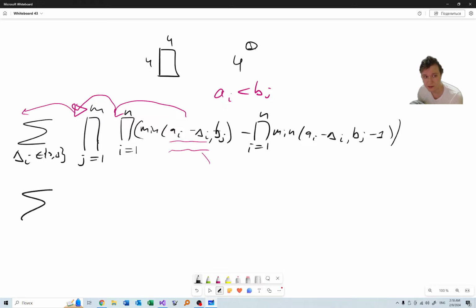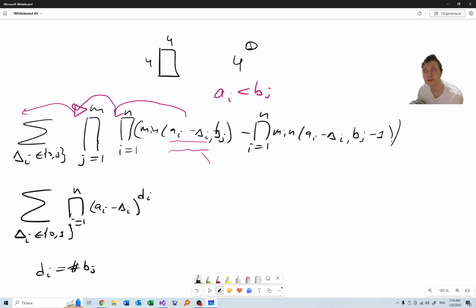So again, let's rewrite it without violation. So delta_i from 0 to 1. Okay, first of all, I have product from i equal 1 to n, a_i minus delta_i, to the power of d_i. Again, d_i is the number of b_j's which are at least a_i plus 1. I can remove all of them out of this sum.